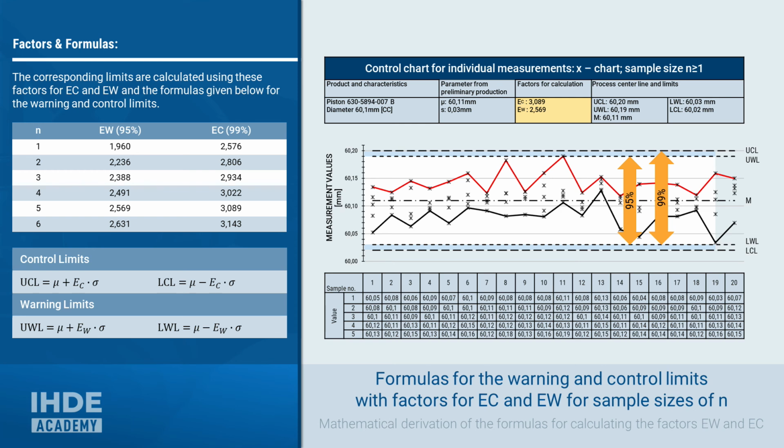The 95% warning limits are 60.19 and 60.03 mm, and the 99% control limits are 60.2 and 60.02 mm. Exceeding the control limits by just one value is a signal that a process may be out of control. A check is necessary and a readjustment may also be necessary.